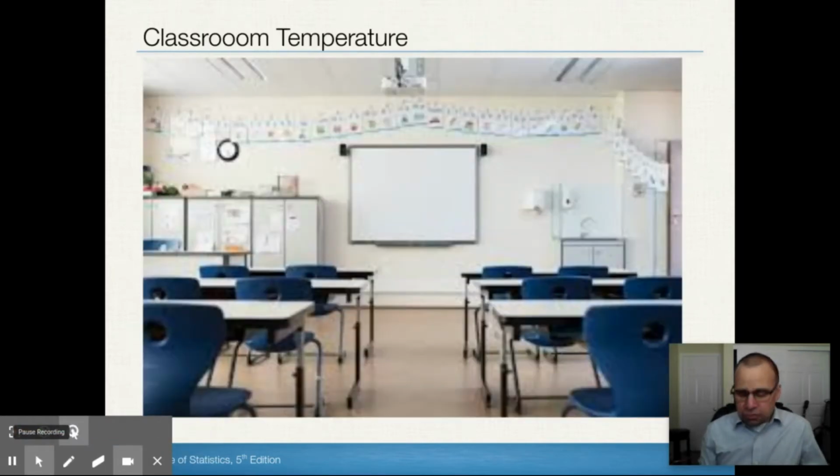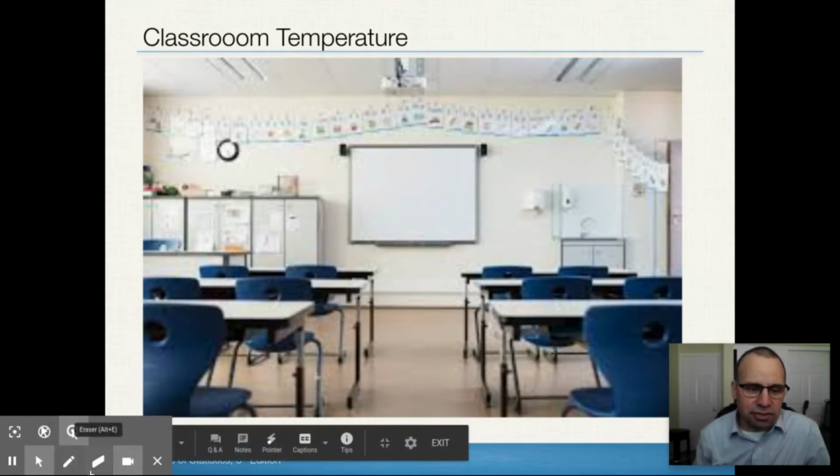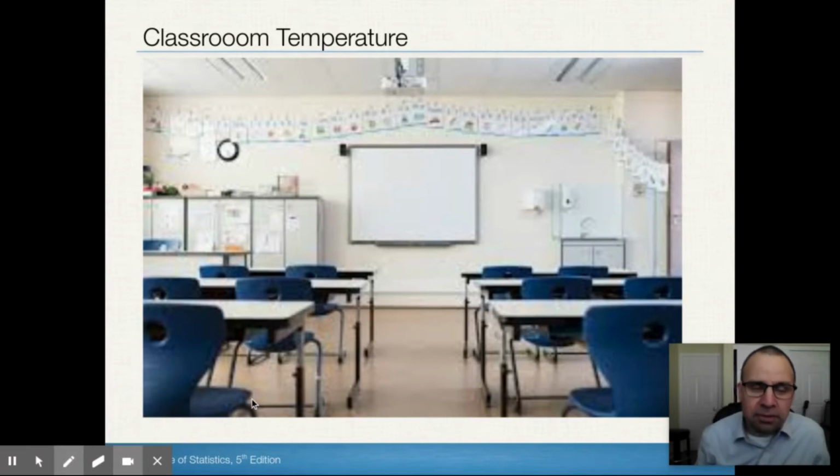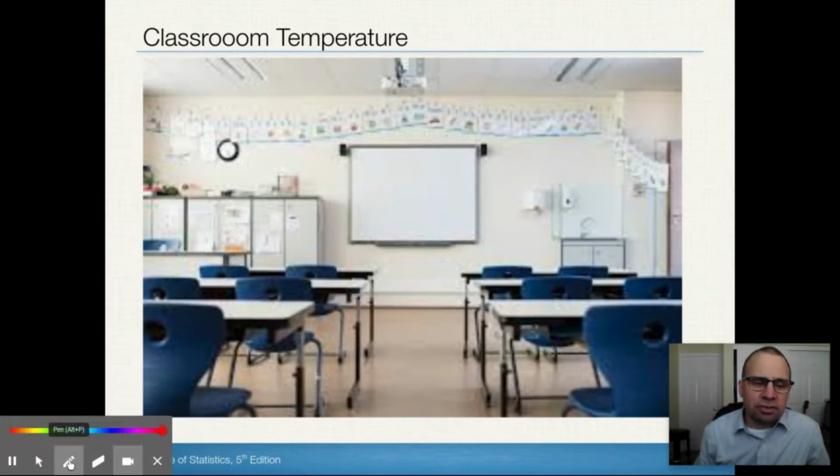So here's my classroom, and it's not really my classroom, but let's pretend that this is my classroom, and I wonder what would happen if on the next test I decided to set the temperature. The temperature's normally set at 72 degrees.